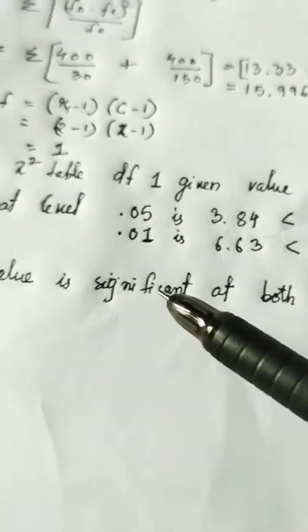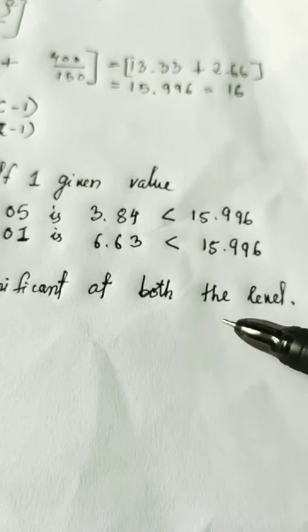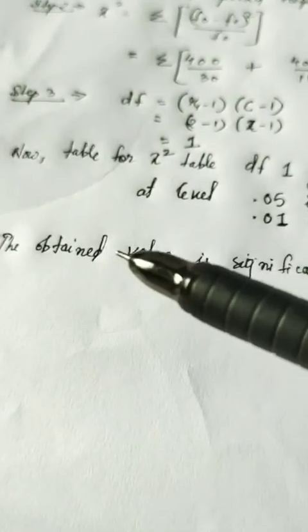So we wrote that it is significant at 0.05 level, but not at 0.01 level. But now here it is significant at both the levels. So we have written it as the obtained value is significant at both the levels.